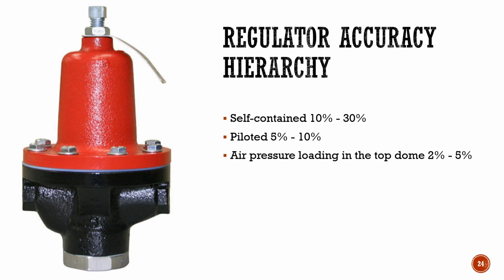So they tend to be very accurate, coming in between 2% and 5%. And as you recall, we said that a control valve, very accurate, can be within 0.5% of the set point.